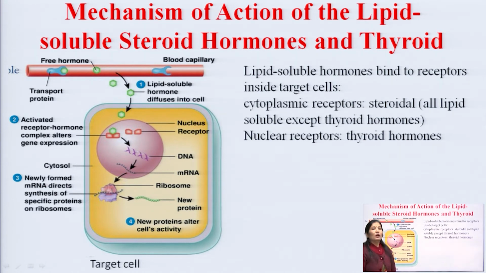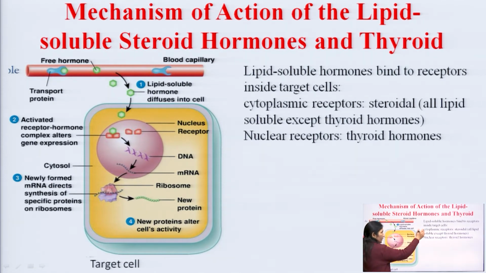To produce its action on the target cell, a hormone first announces its arrival. How do they announce their arrival? They need to bind with their receptors.